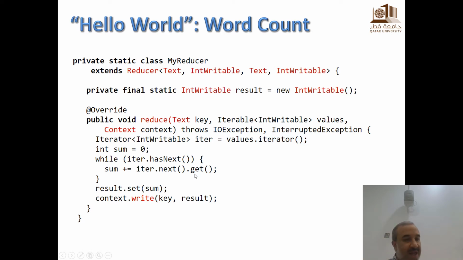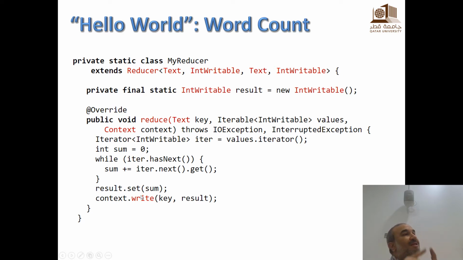And same for other writable types. So iter.next will give you the IntWritable object, and then get will give you the integer value to sum it, to add it to the current sum.